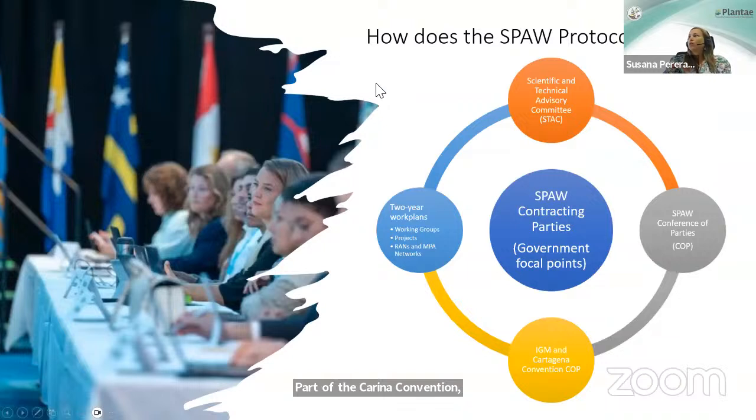So how does the SPAW protocol work? All the actions developed in support of the SPAW protocol are implemented within the framework of biannual work plans. These work plans are prepared in collaboration with the contracting parties, and then reviewed by the Scientific and Technical Advisory Committee that meets every 2 years.